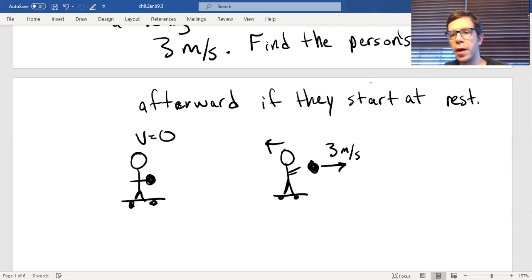They're going to be pushed away, right? If we look at Newton's third law, when you push on the ball, the ball pushes back on you with the same force. But the objects have different masses, so we know that there's going to be a difference in how they react. So we have to figure out how to do that.